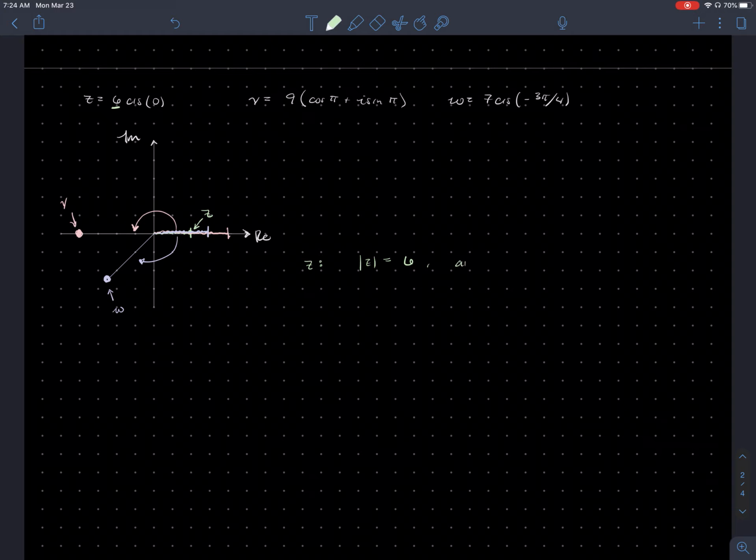Our argument is going to be that angle plus 2k pi. And then our principal argument is just the angle of your arguments that satisfies that negative pi to pi rotation, which is just going to be 0.